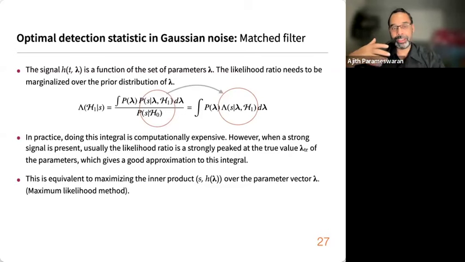This is equivalent to maximizing the inner product between the data and a model of the signal template, which is parameterized by a set of parameters lambda over the entire parameter space or parameter vector. This is called the maximum likelihood method. So you maximize the likelihood over the parameter space that we are interested in.